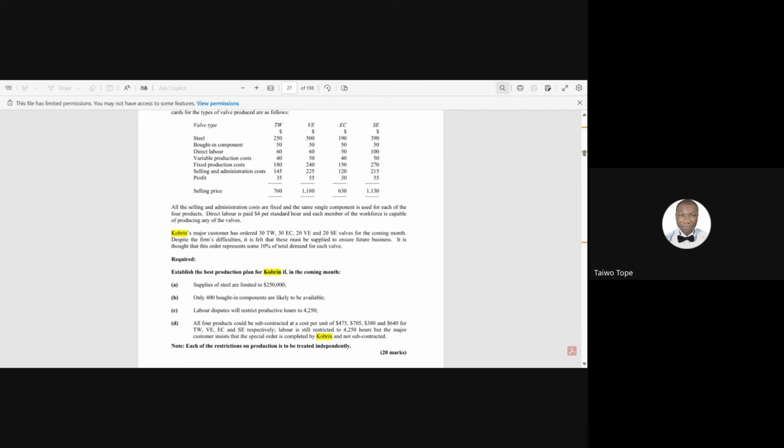Labor is still restricted, it remains 4,250 hours. But the major customer insists that the special order is completed by Cobrin, not subcontracted.